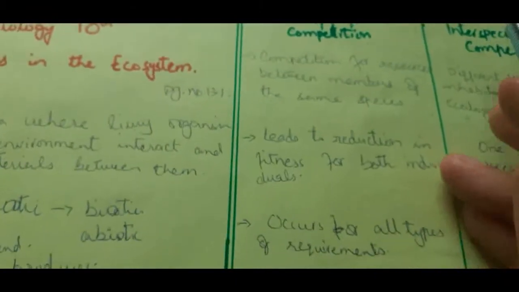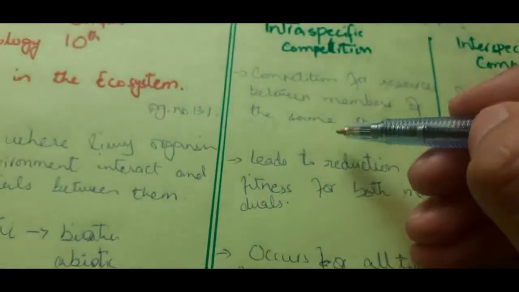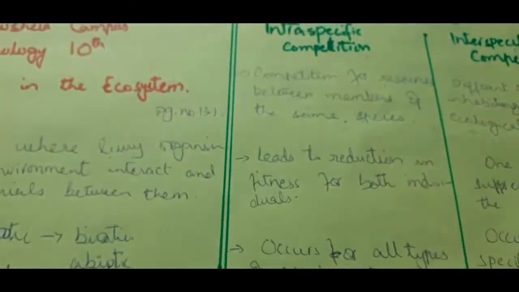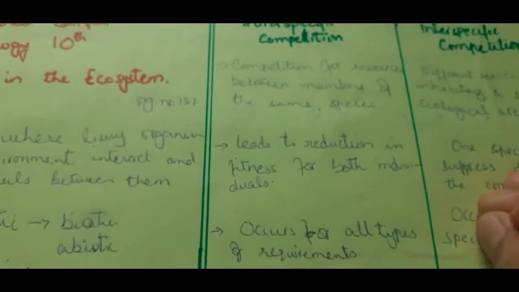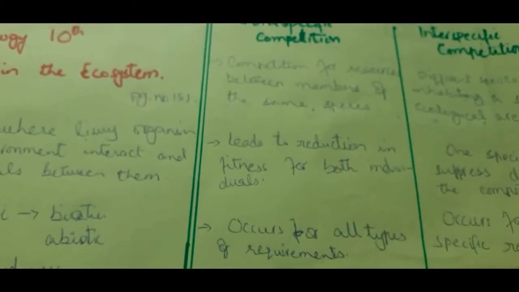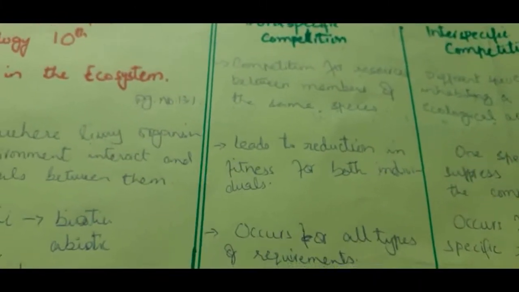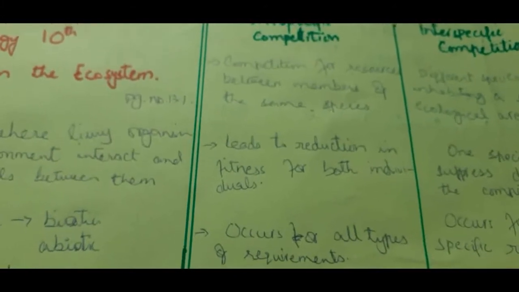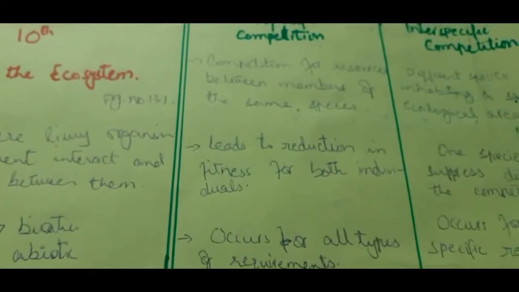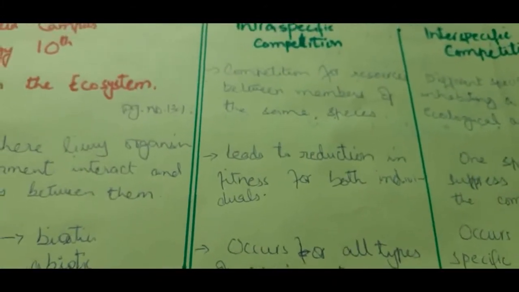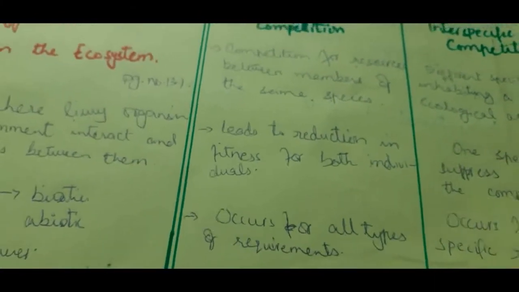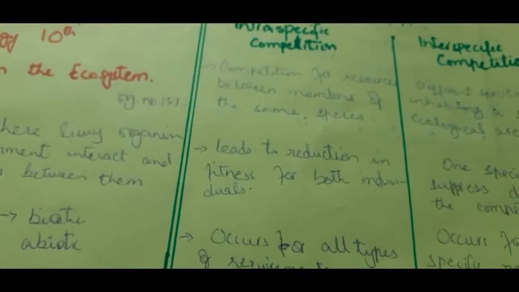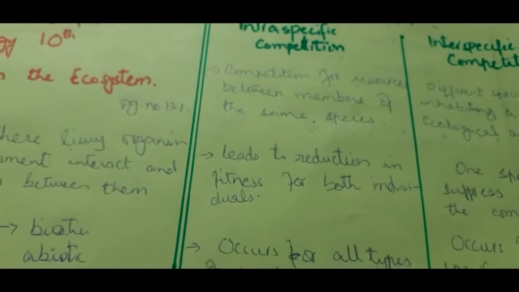Same species means which can occur between lion and lion, right? Lion and lion fight with each other. For what purpose? For the purpose to get food because their resources are the same. Both of them want to have the rule over the forest, right? Similarly, men versus men, men compete with other men.